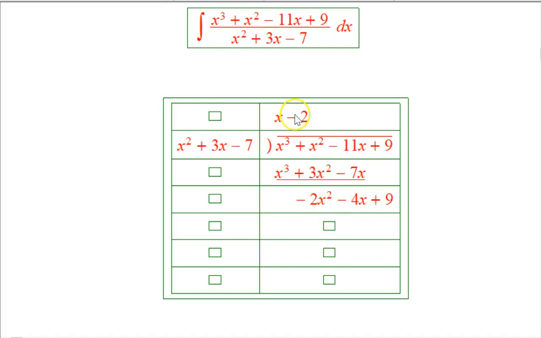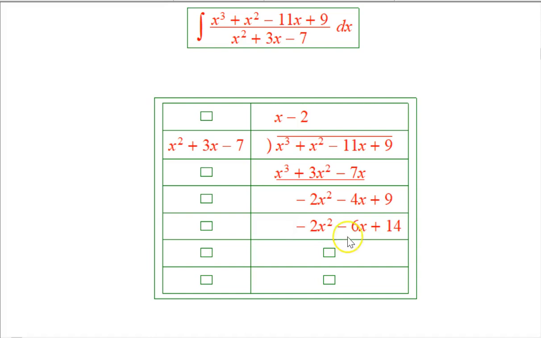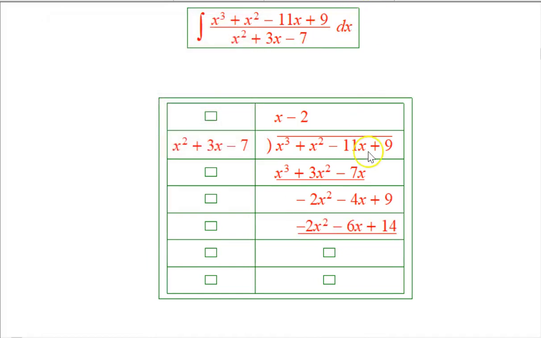So if you take minus 2 times the divisor, you're going to get minus 2x squared, and then minus 6x, and then plus 14. Let's line it up. Okay, and we're going to subtract, so I'll put a little underline there.